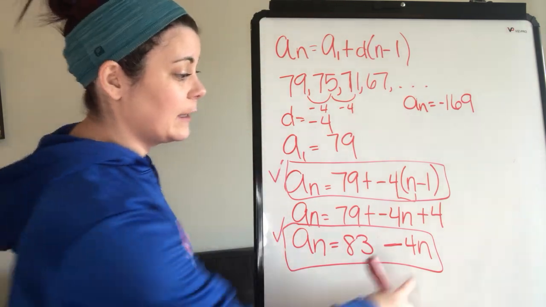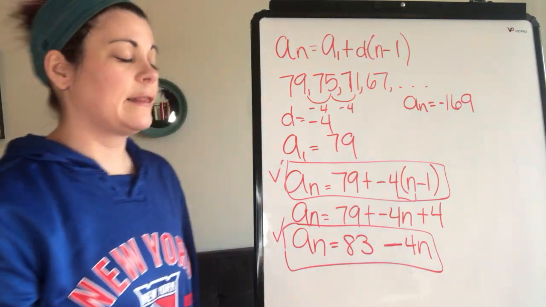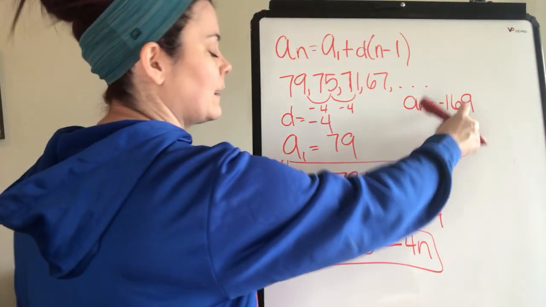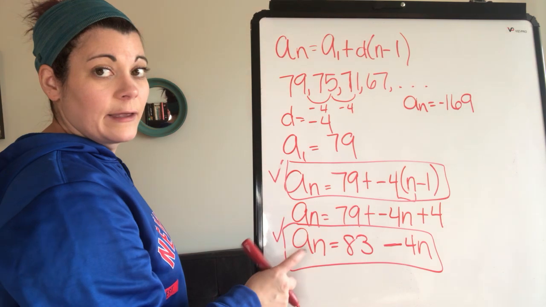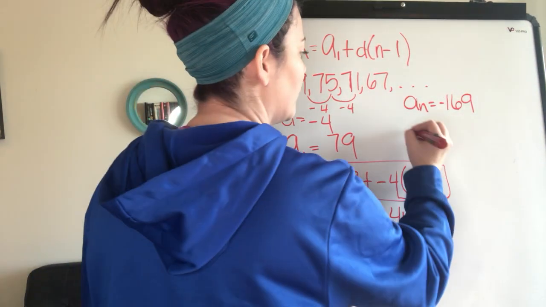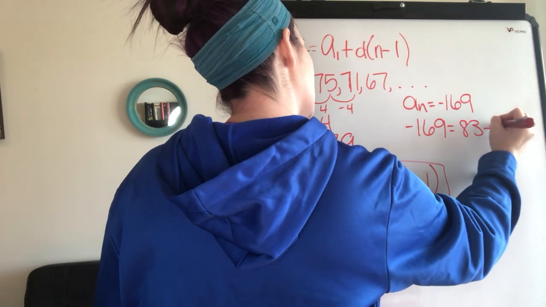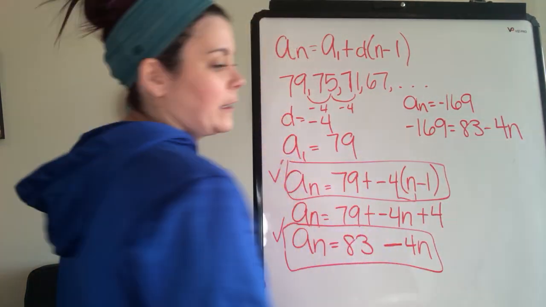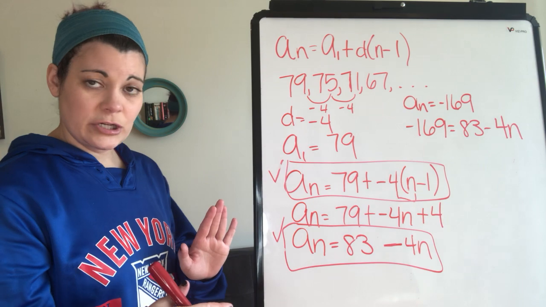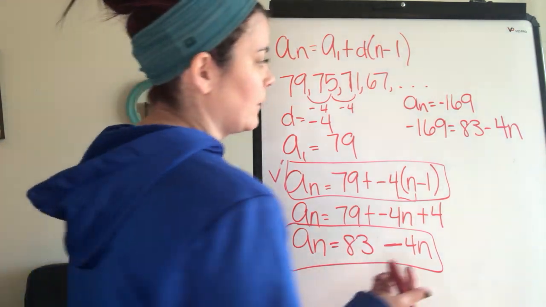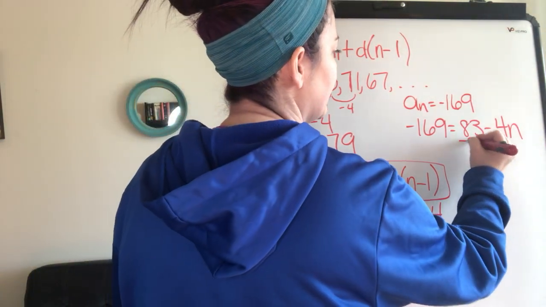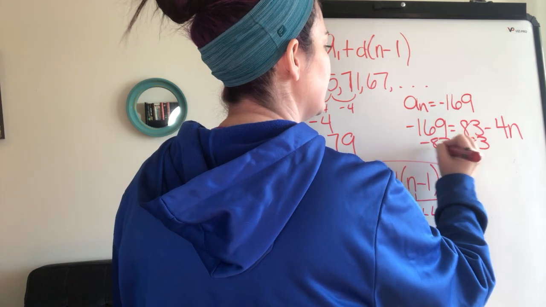We're looking for n because that's the term number, right? So negative 169 would be plugged in here. Negative 169 is equal to 83 minus 4n. And we're going to solve that equation. So minus 83 on both sides.